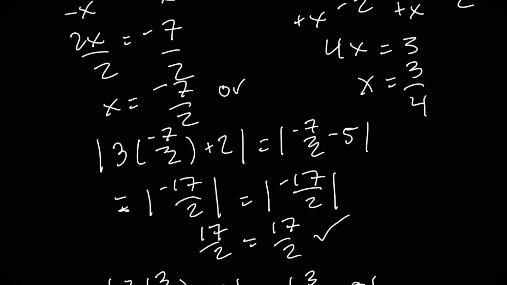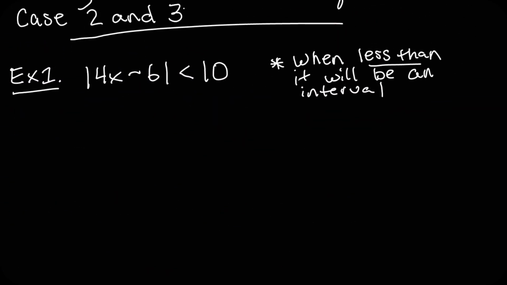So let's set our equation up correctly. We will have 4x minus 6, and that will be less than 10, and also greater than negative 10.